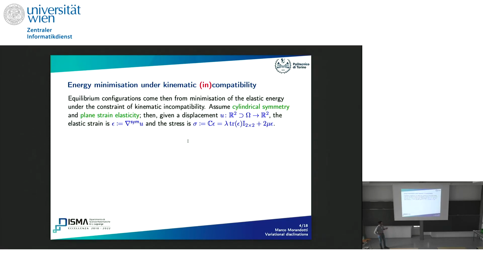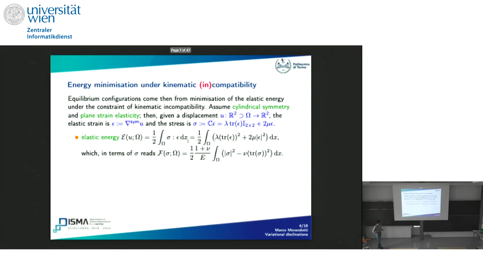And then if U is a displacement, then typical notation is its symmetric gradient is the strain, and then up to the elasticity tensor, we get the stress, which can be written in terms of Lamé constants in this way. Right, and then the typical elastic energy is the quadratic energy, which is given by sigma double dotted with epsilon, and it assumes this form.